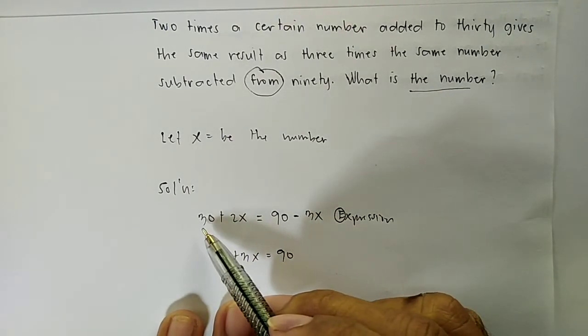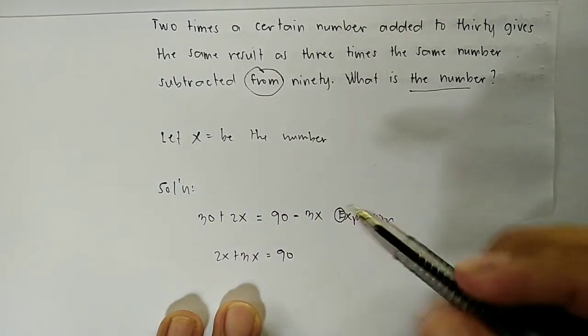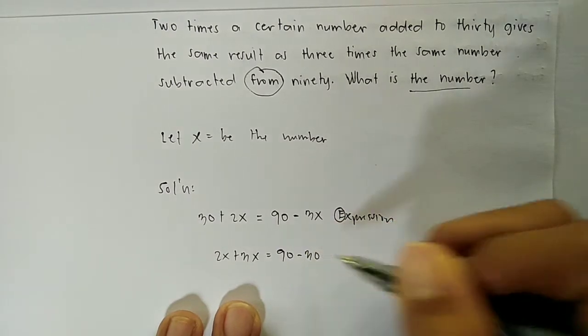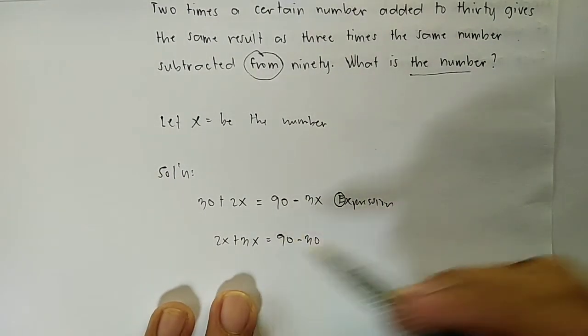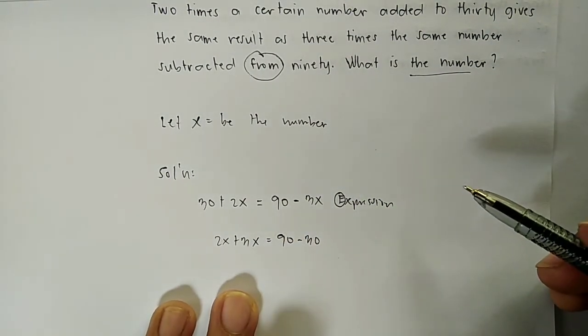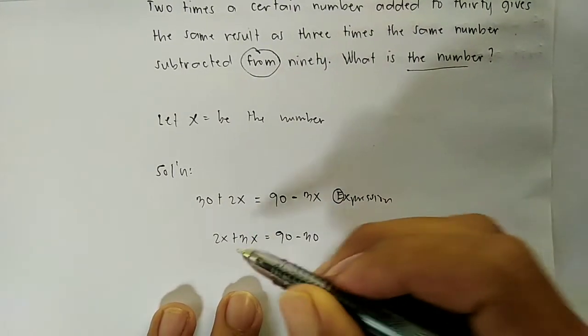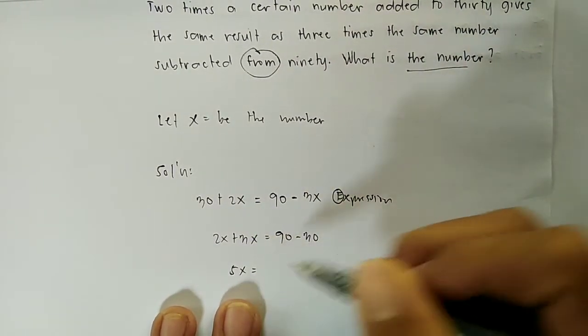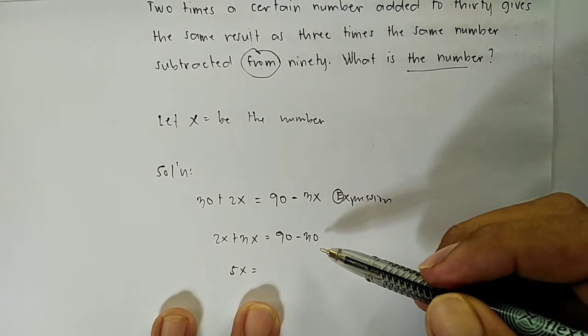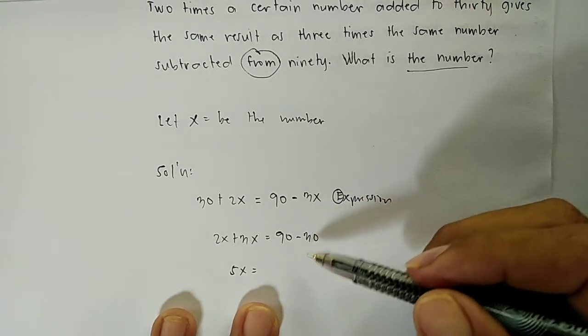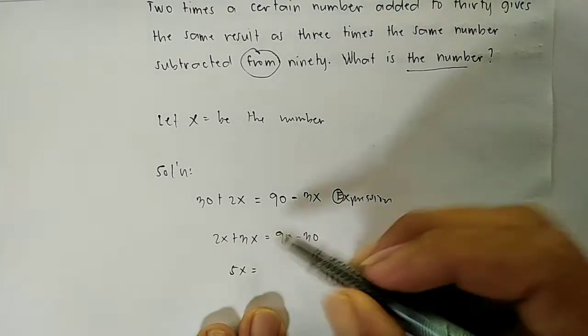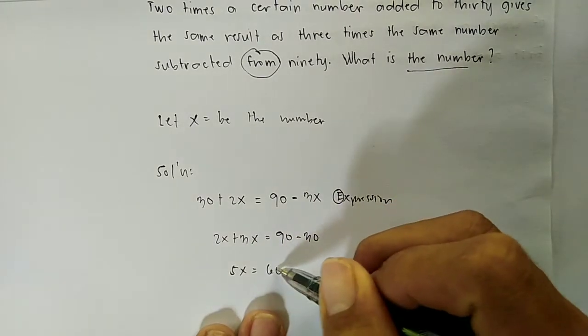If we transfer positive 30 to the other side, it becomes negative 30. Notice that 2x plus 3x can be added since they are like terms, so that is 5x. And 90 minus 30 can be subtracted since they are both constants, so that is 60.